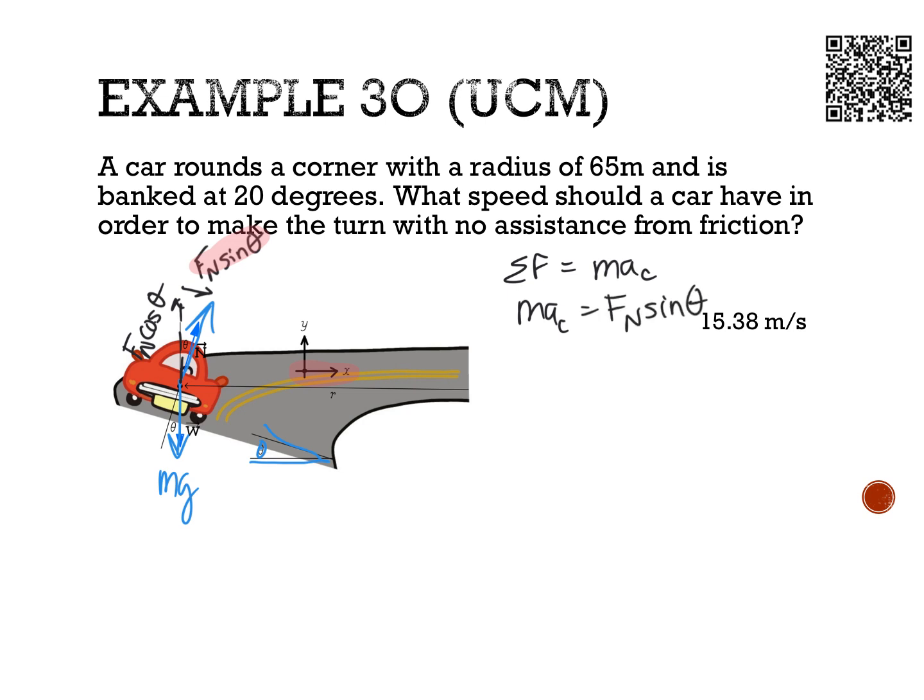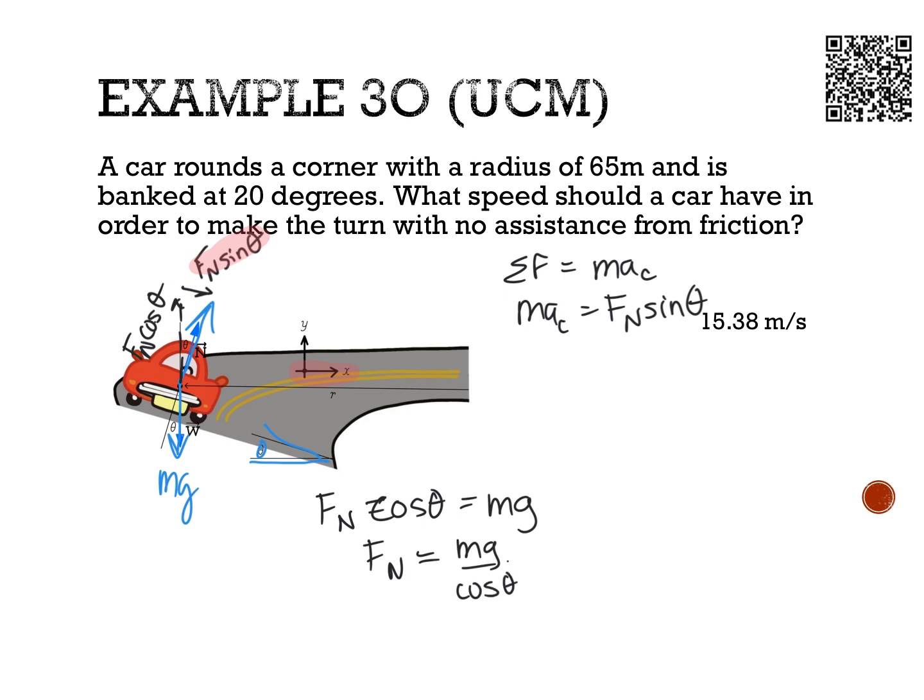Problem is we don't know what the normal force is. The normal force is not mg this time. The normal force cosine theta is mg. So we have to come over here and find that first. What is the normal force? So the normal force times the cosine of theta is equal to mg. That means that the normal force itself is mg over the cosine of theta.